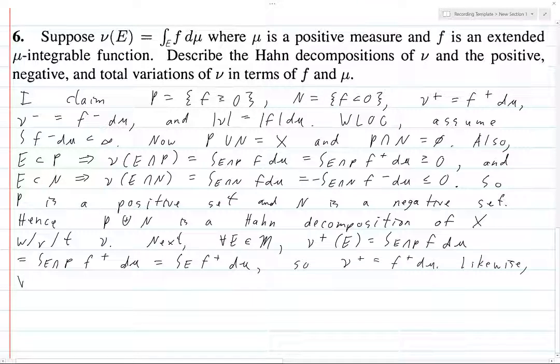Likewise, for all E in our sigma algebra M, nu minus of E is equal to the integral over E intersect N of f d mu.